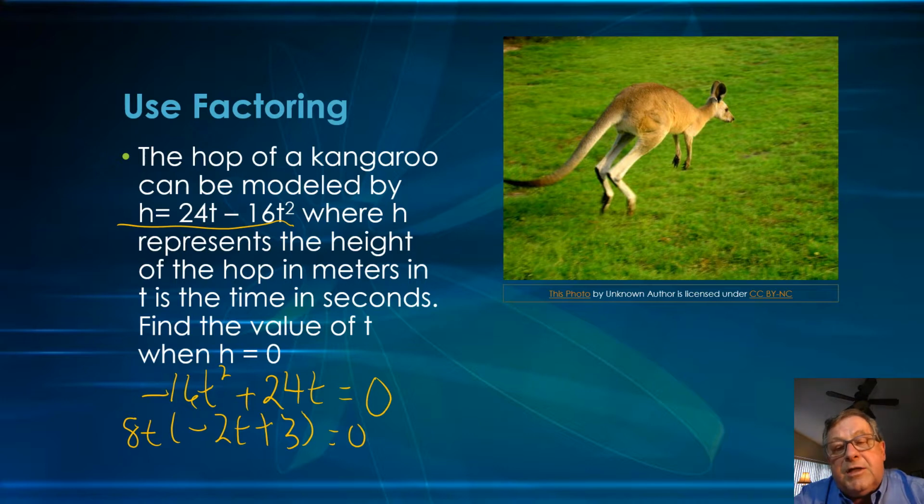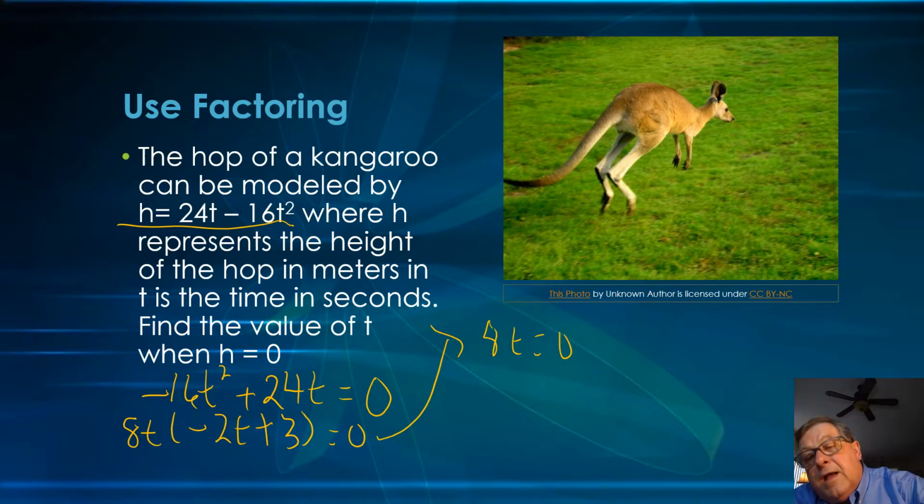And let's set both factors equal to 0. Got a little bit more room right up here, I'll move it up here. So we got 8t equals 0, and we've got negative 2t plus 3 equals 0.